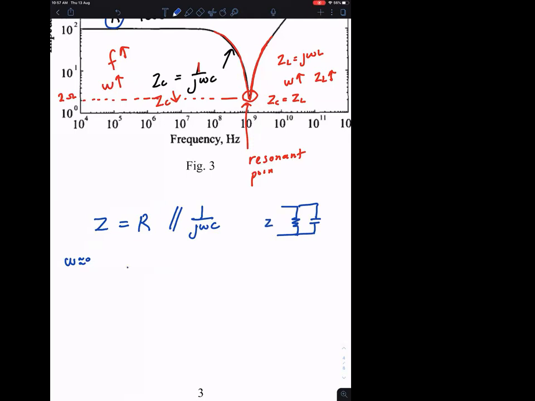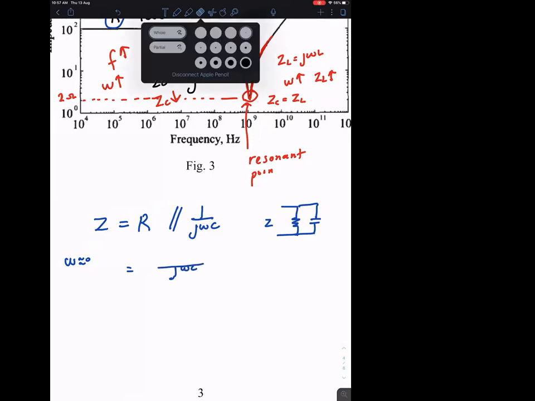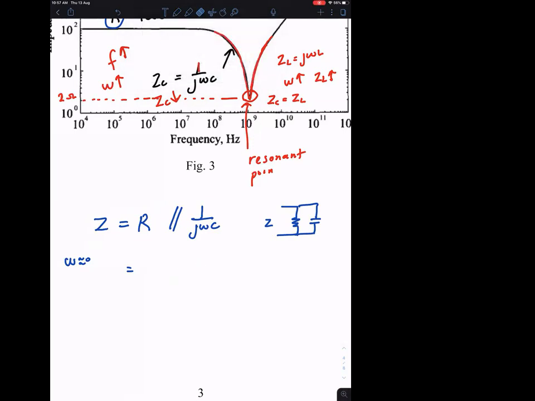So in this case, the parallel combination of R and C.